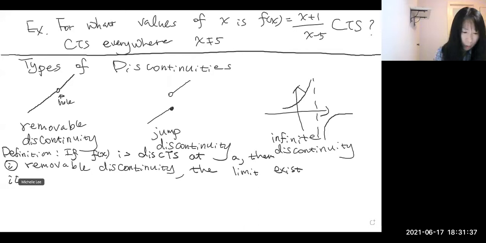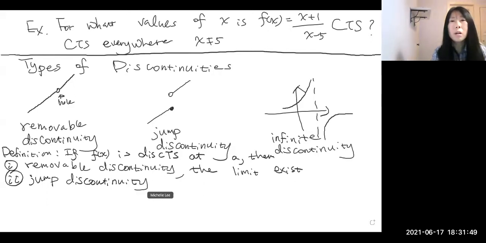Second one, jump discontinuity. This is the piecewise function, right? The left side, right side, the limit does not agree, right?